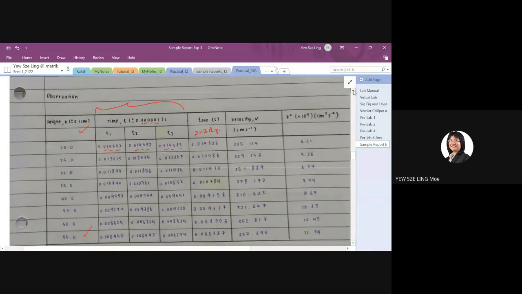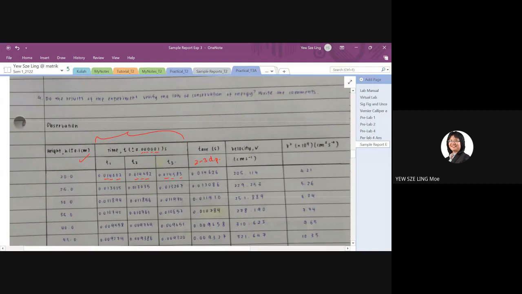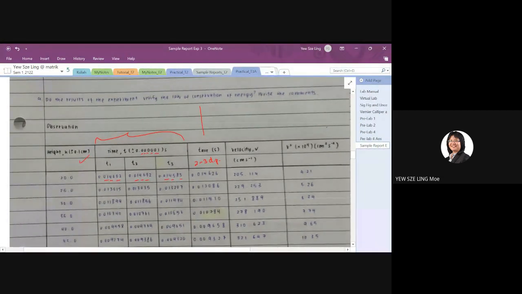But some of the students did the table this way.